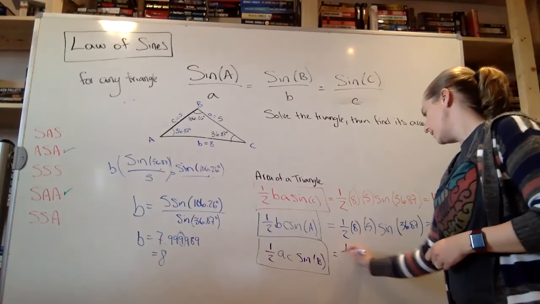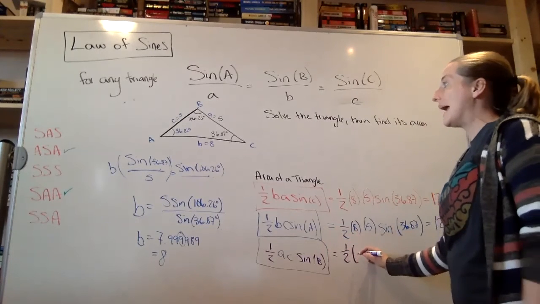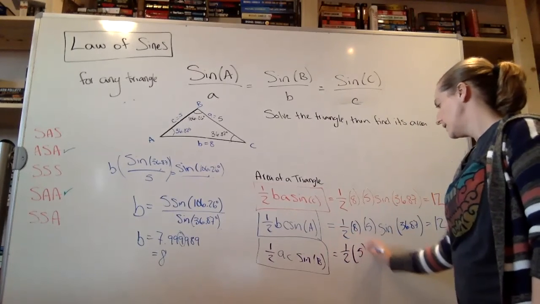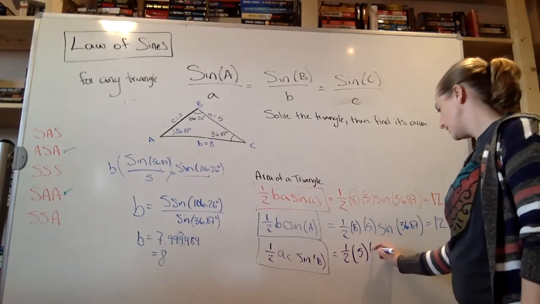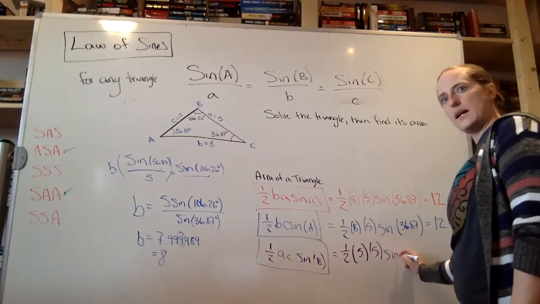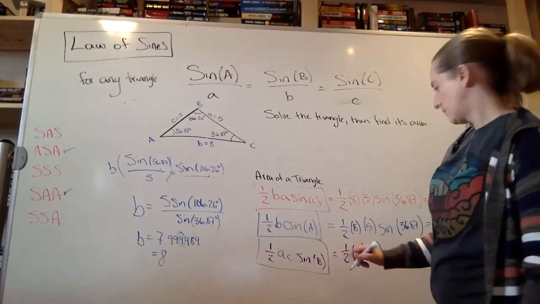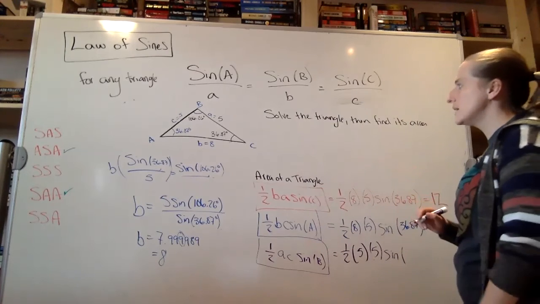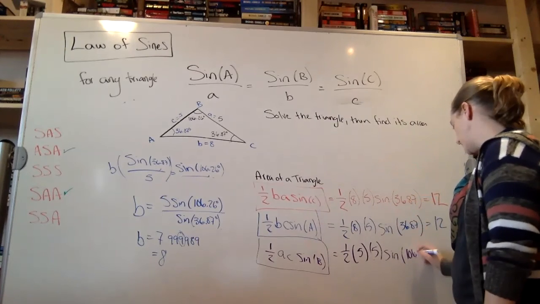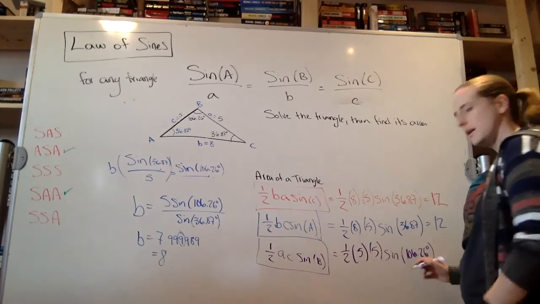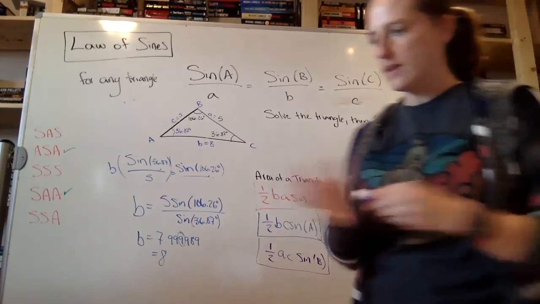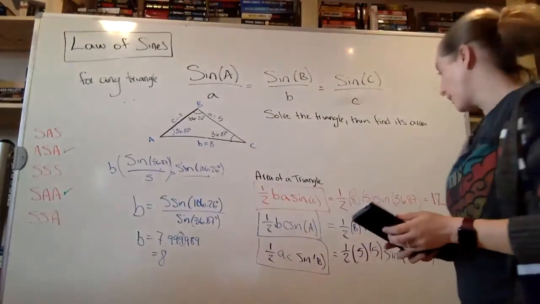But this guy should be slightly different. So let's try 1/2 times our A was 5, times our C was also 5, times sine of B. Sine of B is 106.26 degrees. So let's plug that into our calculator. We should get 12, otherwise we broke math.